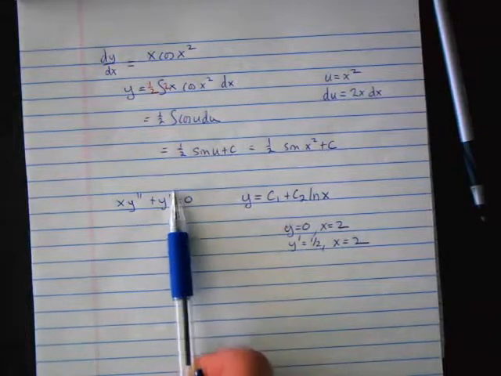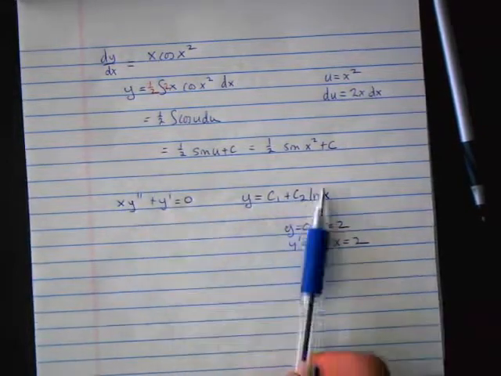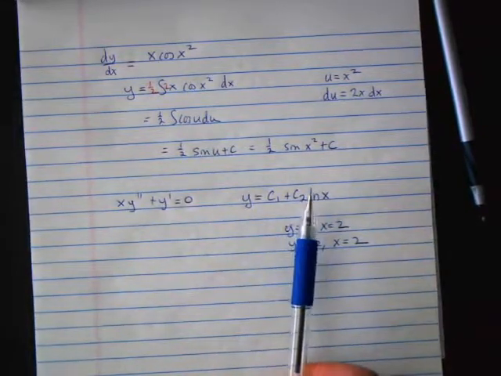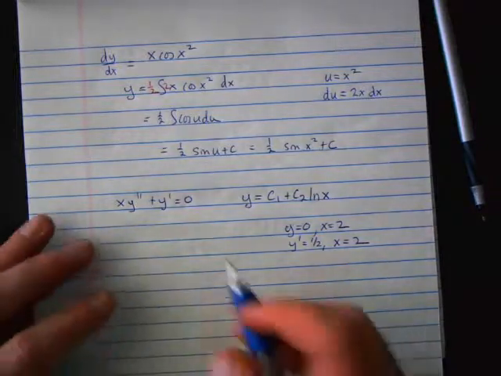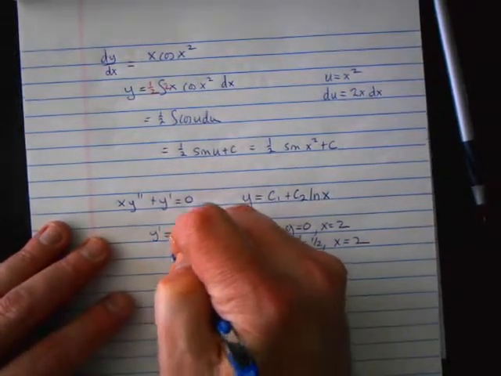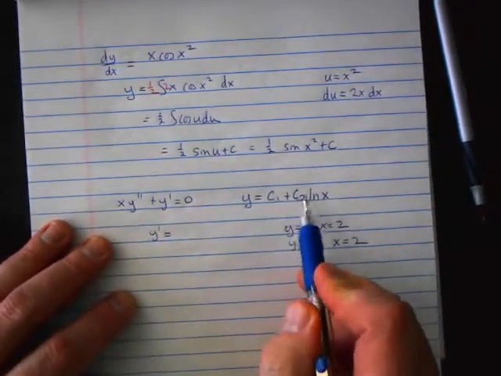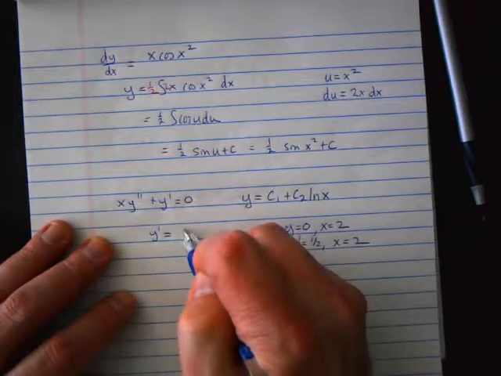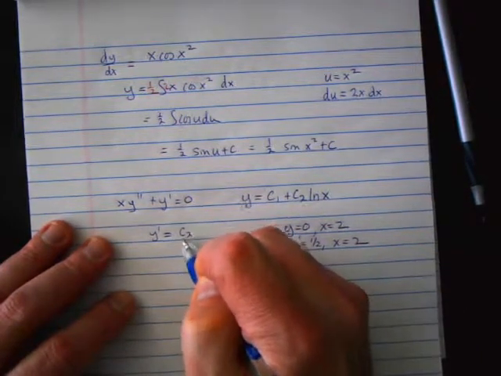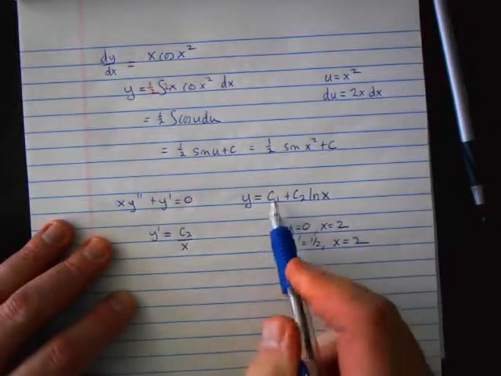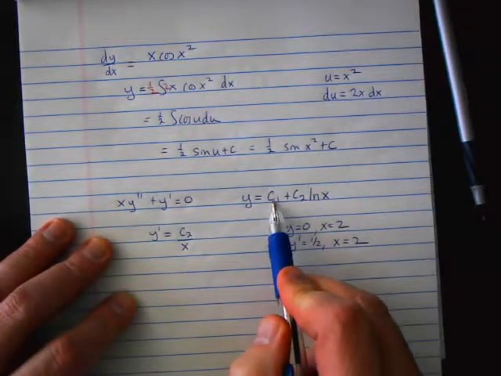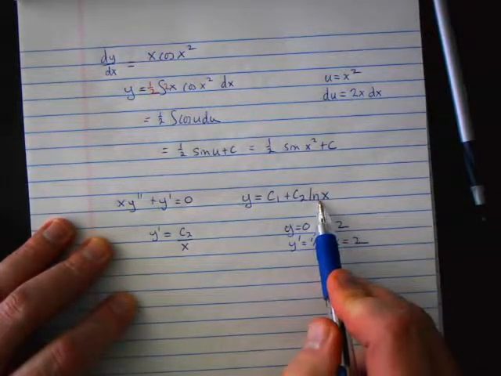So I'm not asking you to actually solve this equation, I'm asking you to just check that this one really is an answer. So we'll take the derivative. Y prime is, what's the derivative of c1 plus c2 ln x? C2 over x, because the derivative of c1 is just a number, that's 0. The derivative of ln x is 1 over x.